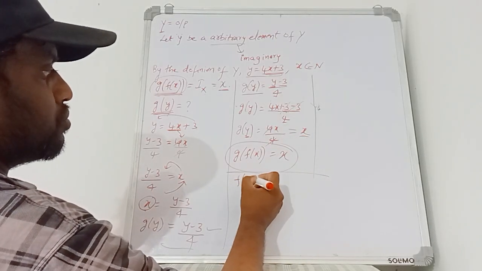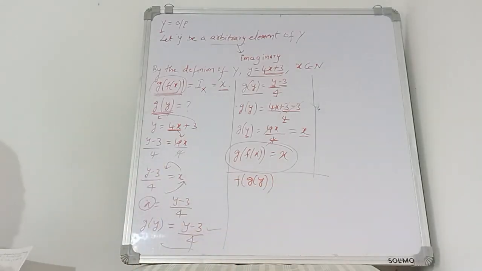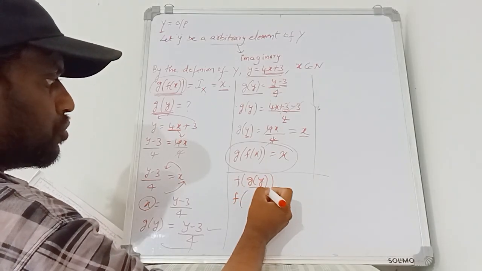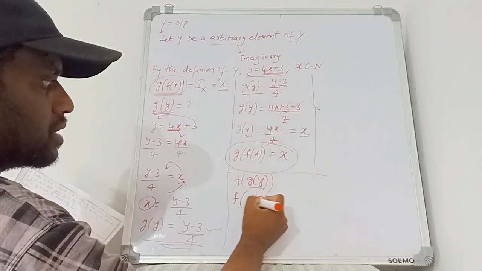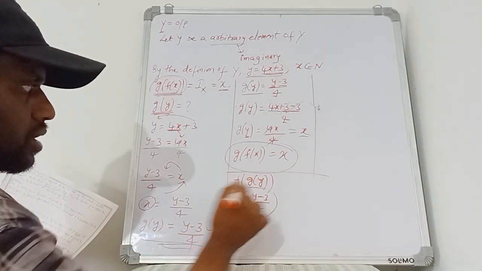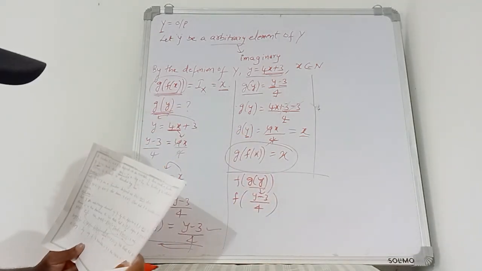So f of g of y we need to find. Okay, so f of g of y we have calculated as y minus 3 by 4. Write that: g of y is equal to y minus 3 by 4. In place of g of y, I am writing this. I hope we got it.